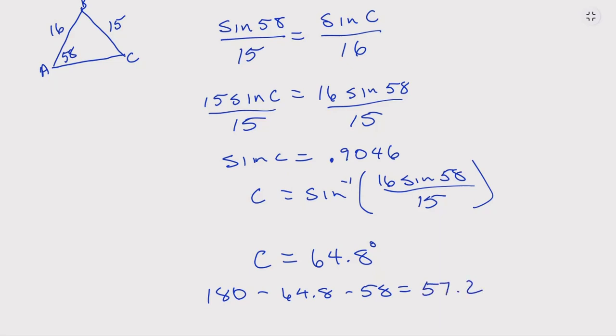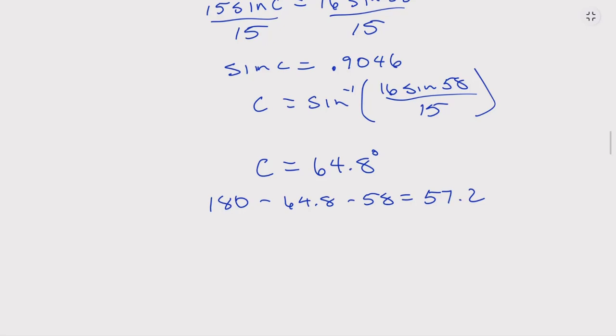Now, the way this one is arranged, it is possible to have a second triangle. So this would be triangle 1. We could take 180 and subtract our 64.8, and that's going to give us 115.2.